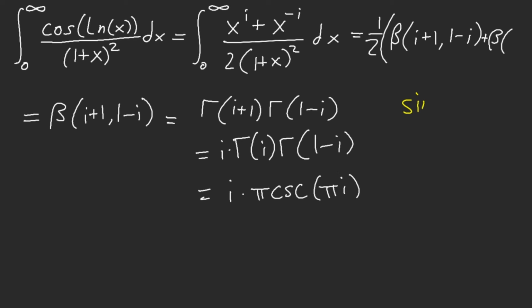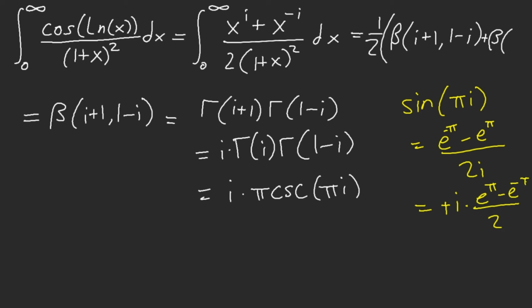So let's write sine pi i. If you remember the definition of sine in complex terms, it was e to the ix minus e to the negative ix, over 2i, which with x equal to pi i gives e to the negative pi minus e to the pi. Now 1 over i is negative i, so I'm going to switch these two, so it becomes e to the pi minus e to the negative pi instead, so that negative cancels out.